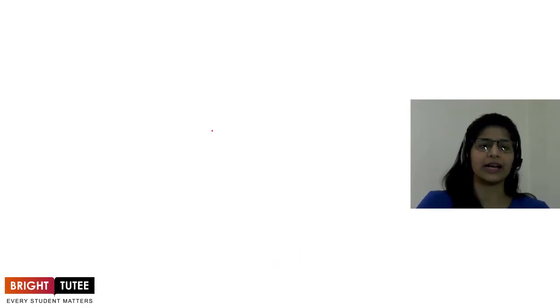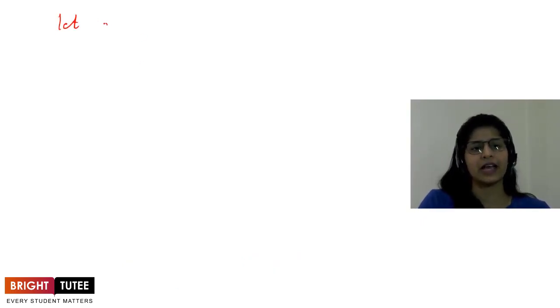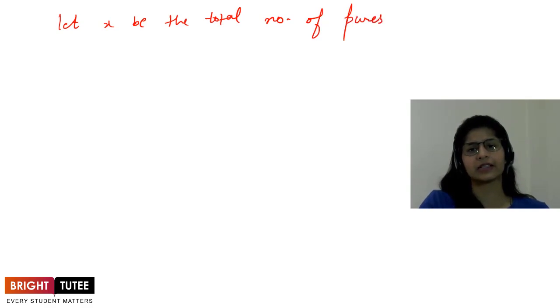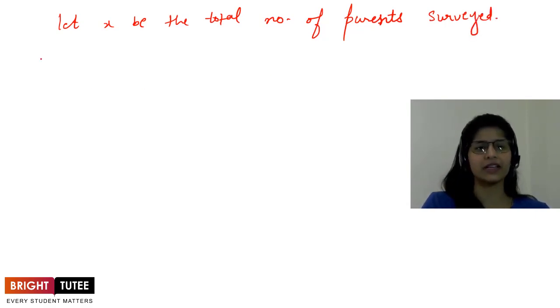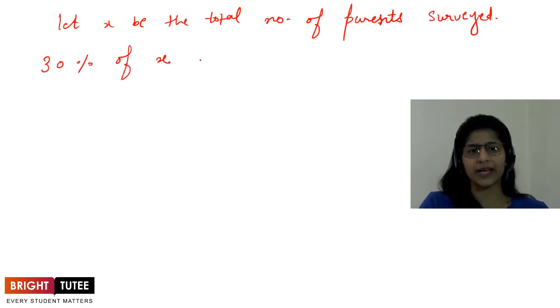So what we will do, I'll write here, let x be the total number of parents surveyed. We know 30% of total parents is equal to 90.